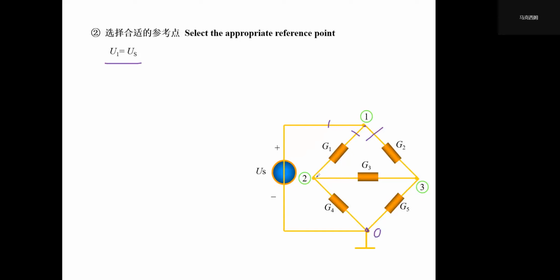So we only have to list the node voltage equations for node 3 and node 2. So we can directly list the node voltage equations for node 2 and node 3.